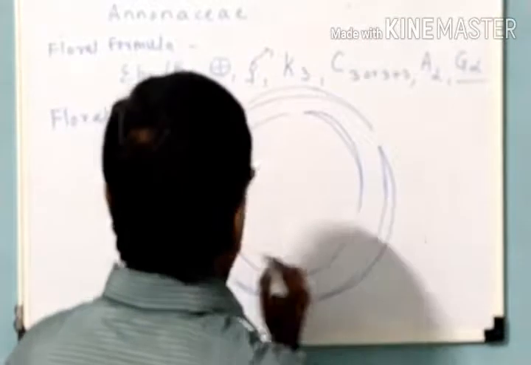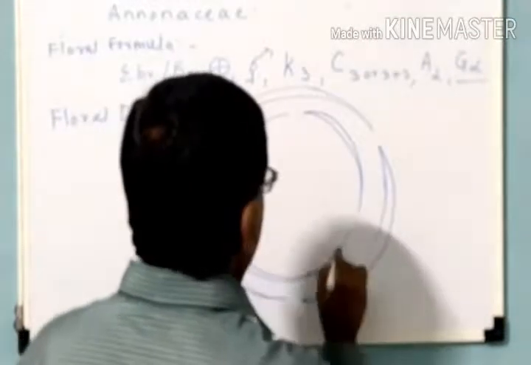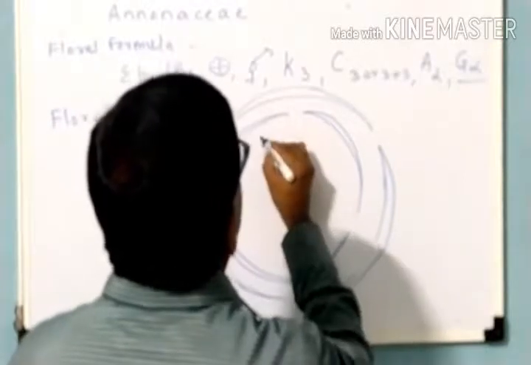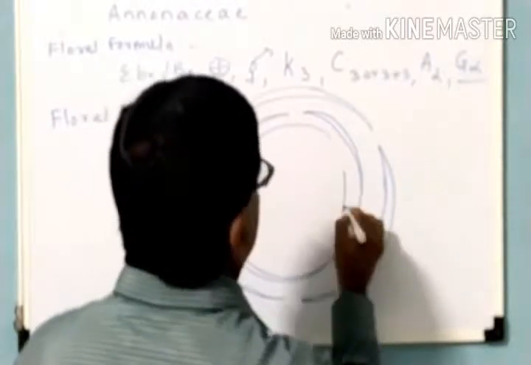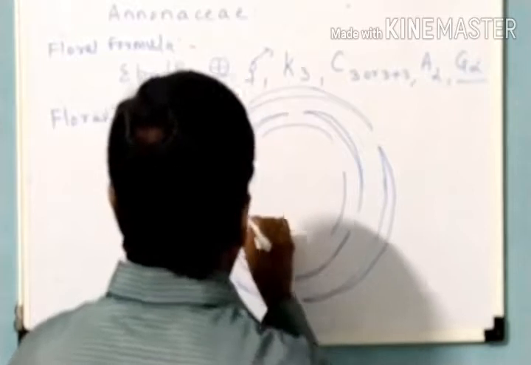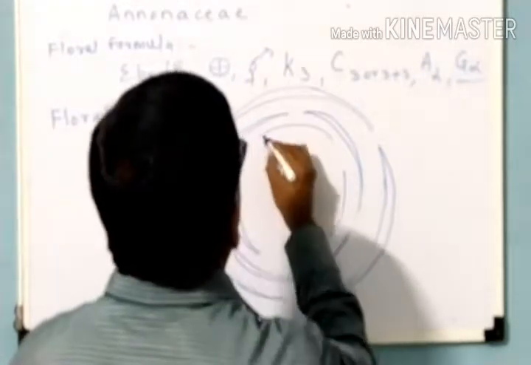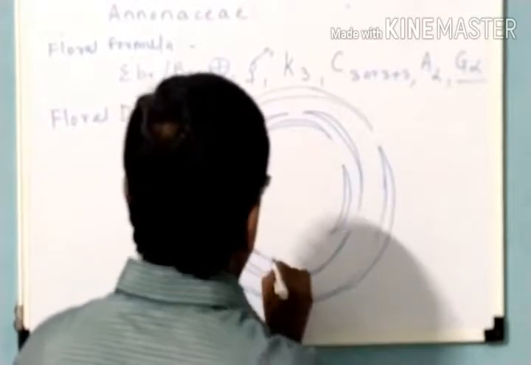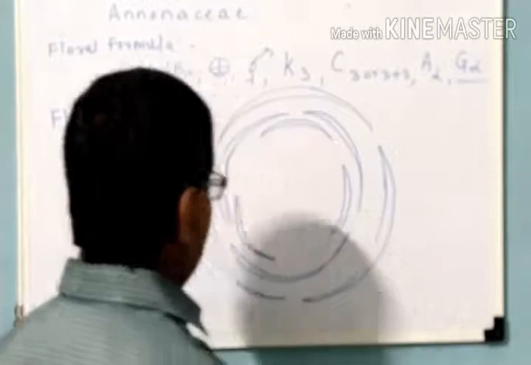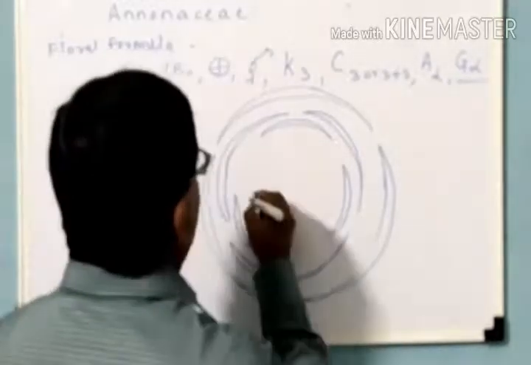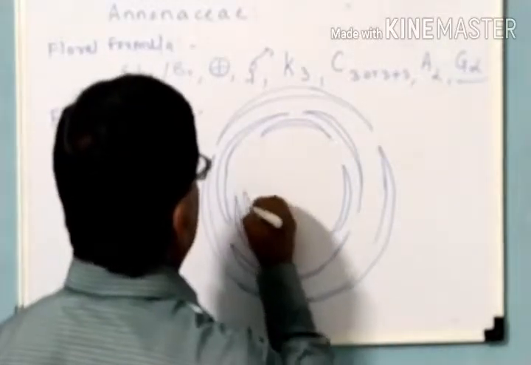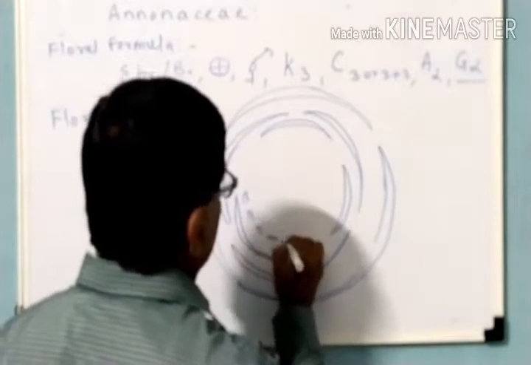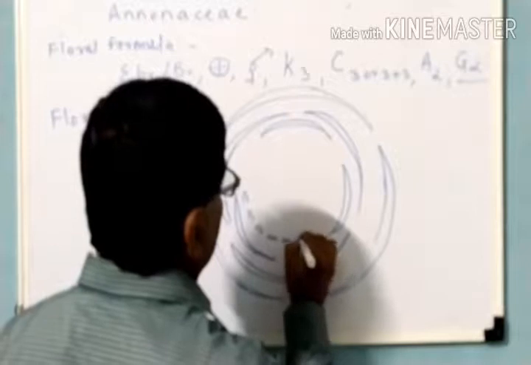They are valvate, free. The inner petals are present like this. And inside there are stamens in a spirocyclic manner like this. You can just see the spirocyclic arrangement of stamens.